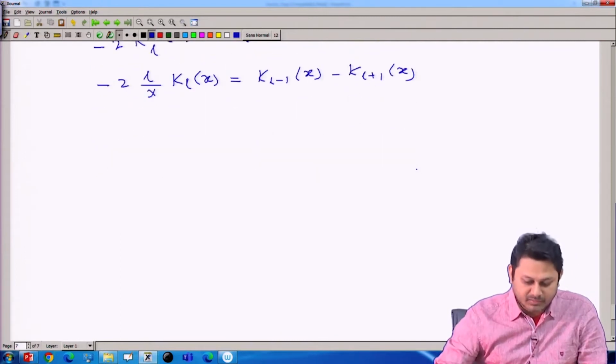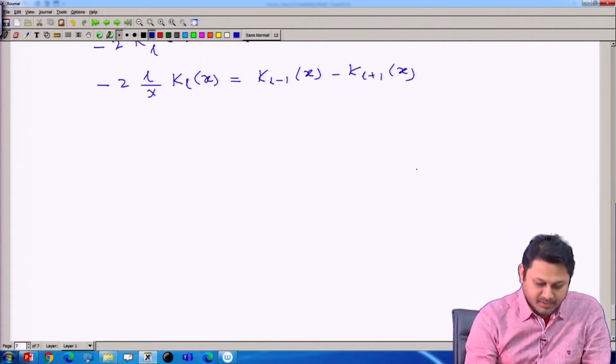From these identities, whatever is written, I can write it as this.